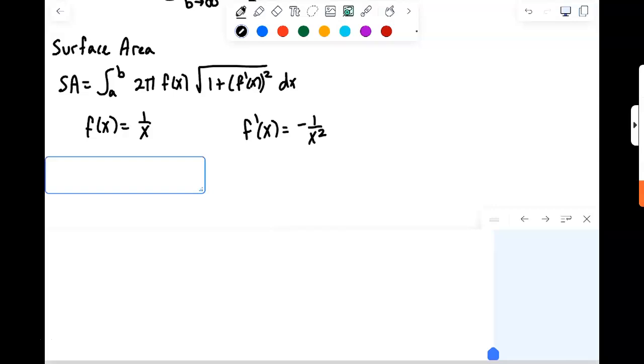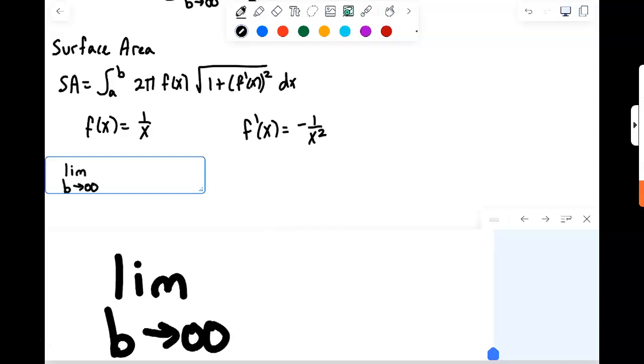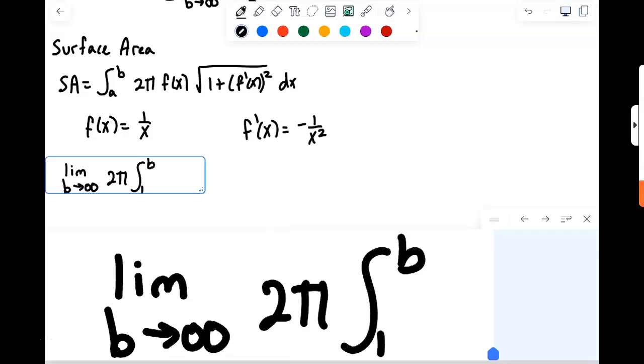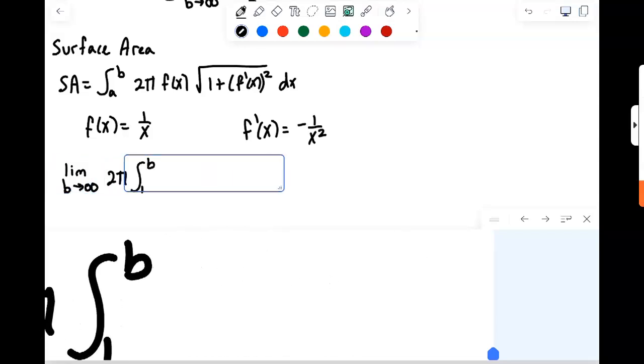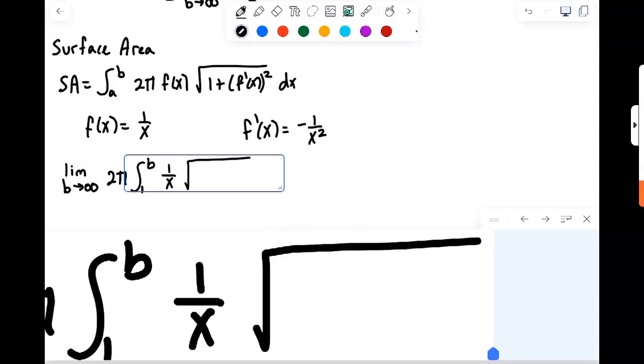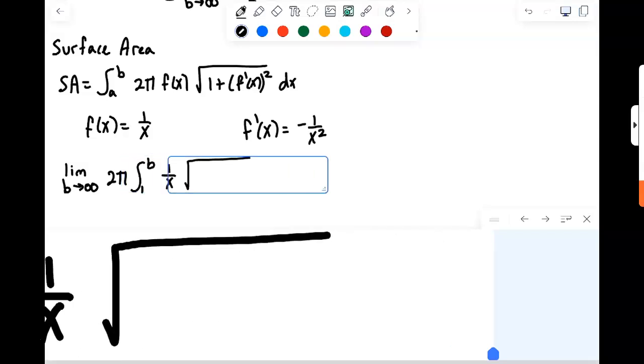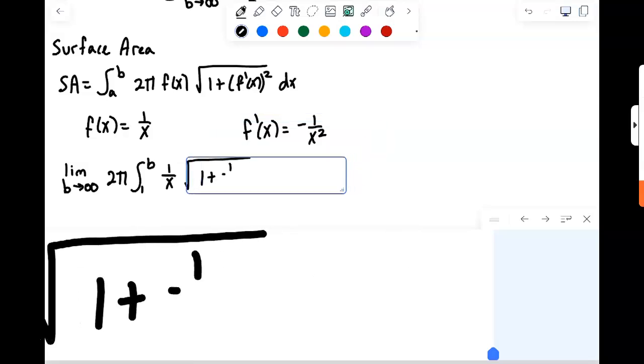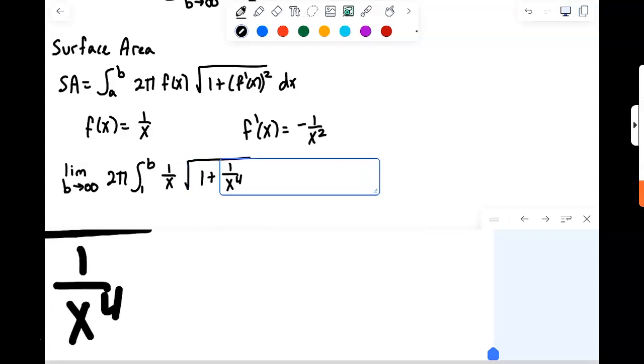So we set up our integral. Limit as b goes to infinity of 2 pi integral from 1 to b of f of x, which is 1 over x, times the square root of 1 plus the derivative squared. So that's actually going to be 1 over x to the 4th.